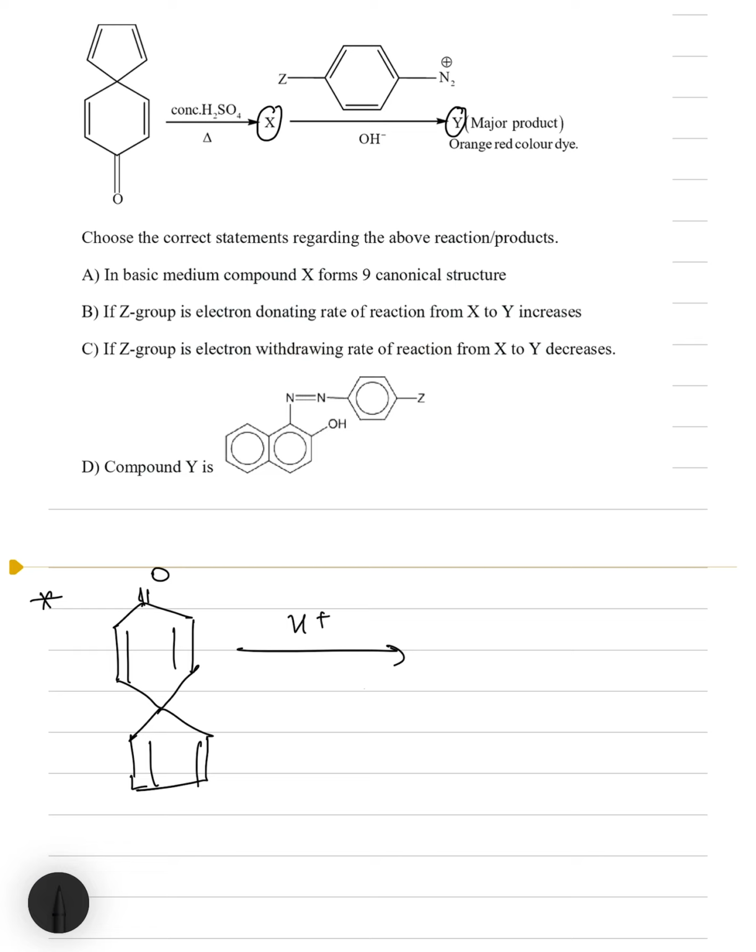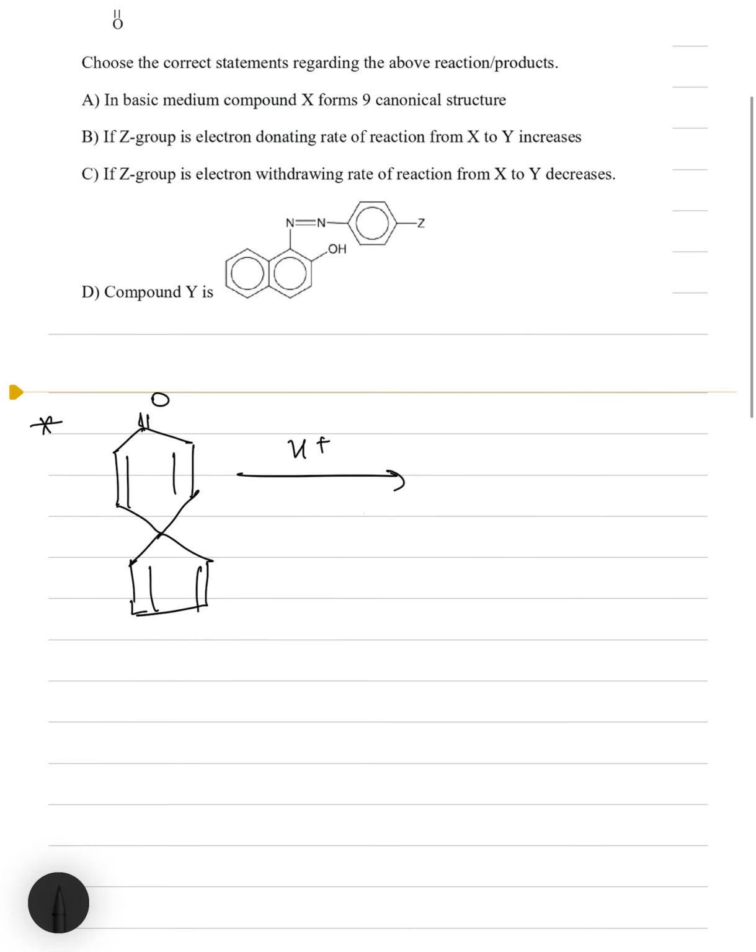We will have the H plus ion. Whenever the molecule contains carbonyl group, C double bond O, and the medium is acidic, always remember the lone pairs present on oxygen will try to attack H plus ion and take it away. This is the first most step in every reaction where carbonyl group is there and the medium is acidic one.